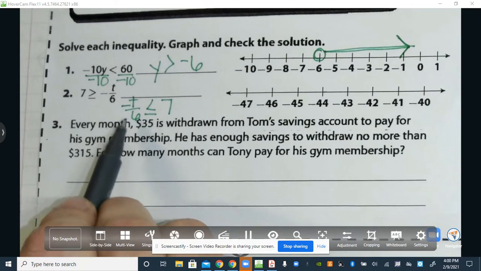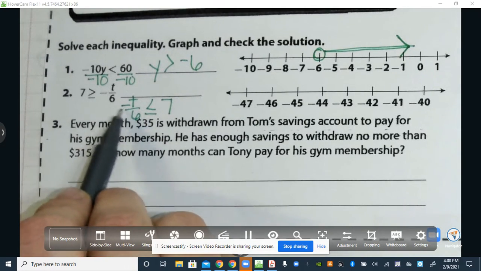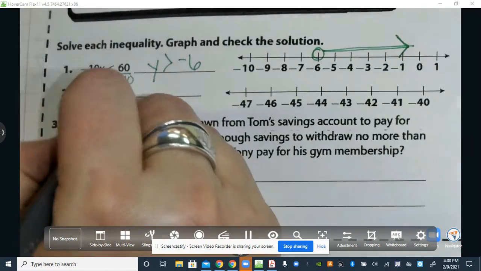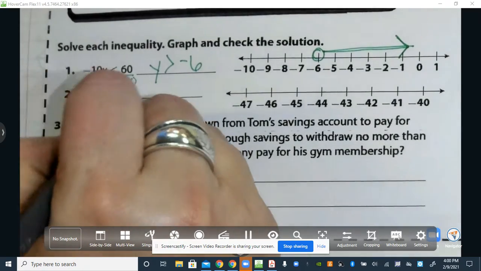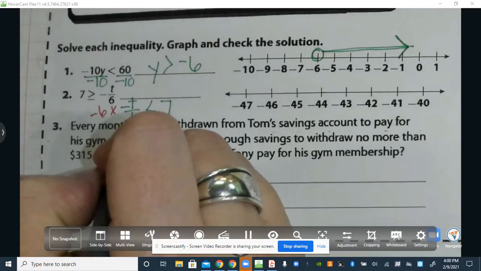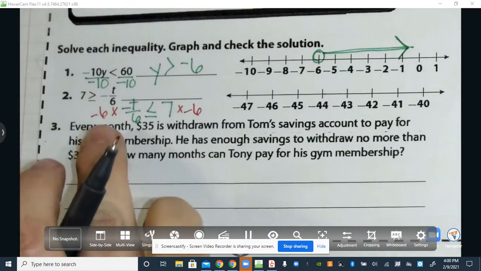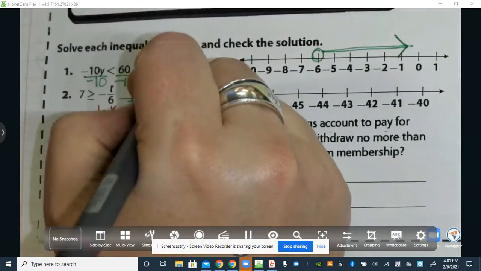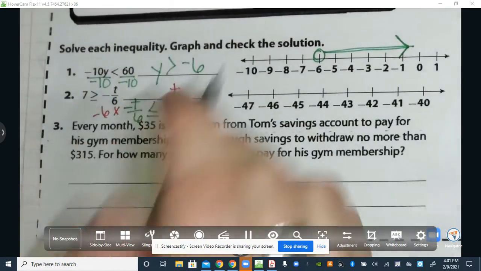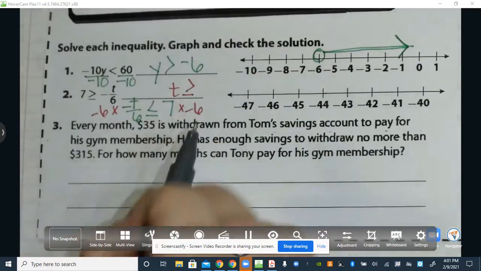Okay, so I need to multiply this. And you see this negative attached? Go ahead and multiply it by that -6. So that negative goes away along with that 6. Multiply this by a -6. Okay, so that goes away, leaving me with t. I've got to flip this around, so I'm flipping it around.